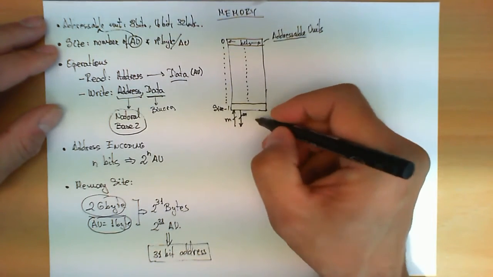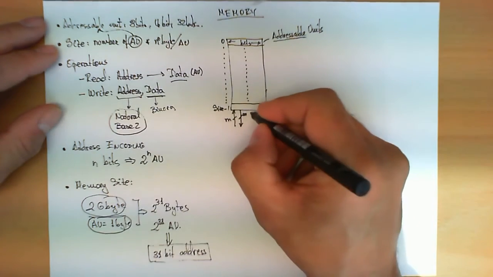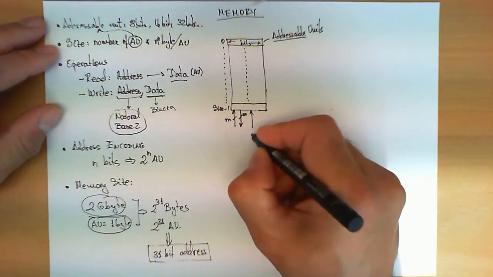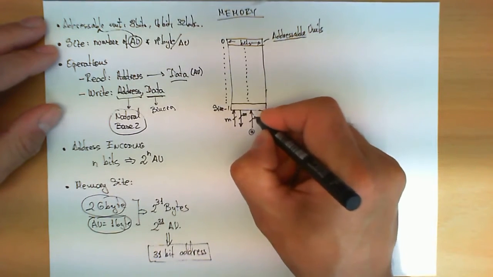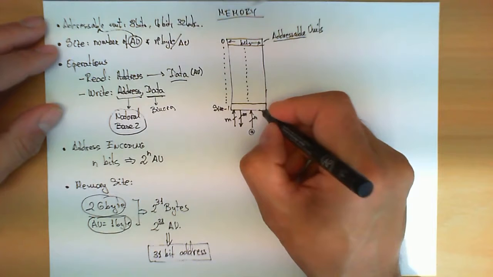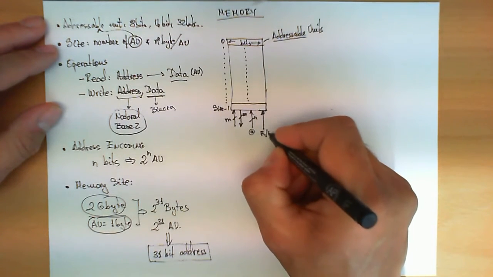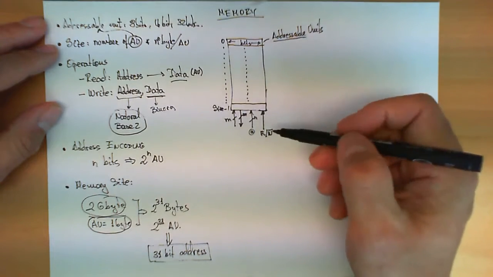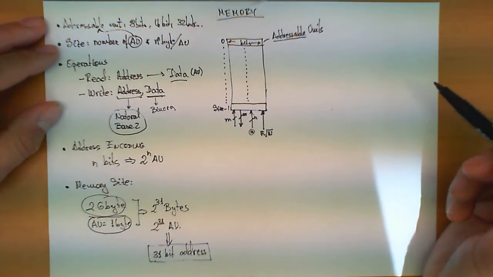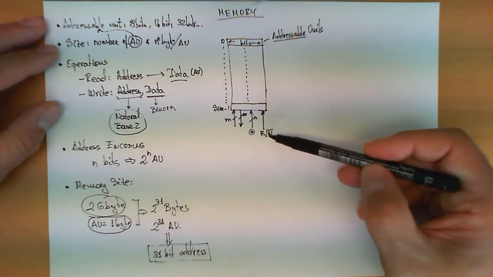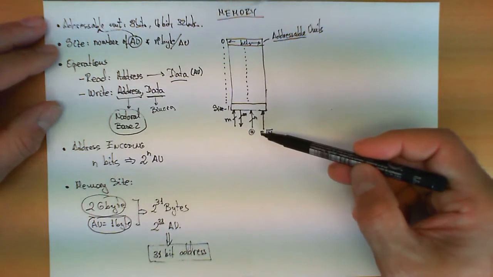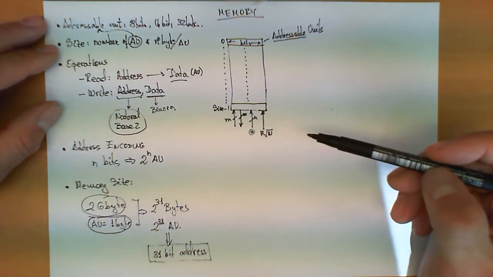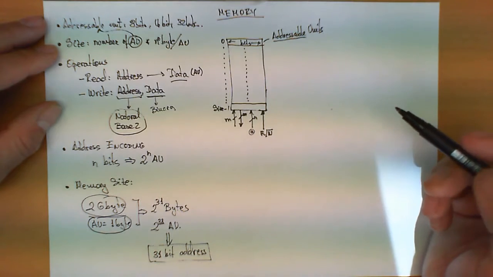Now the read and write operations, of course, both need an address, which we're going to denote like this, and it will have n bits. And finally, we have one additional control signal, which tells the circuit if we're doing a reading or a writing operation, typically represented like this, meaning that the read operation is represented by a 1 and the write operation is represented by a 0.